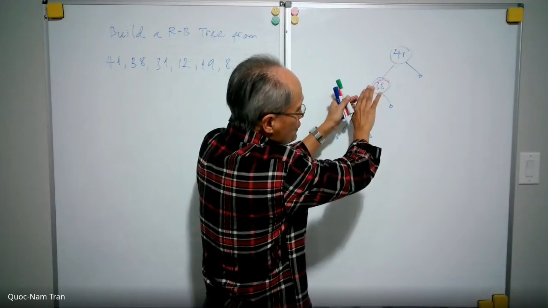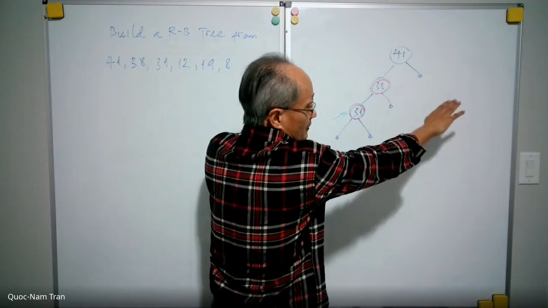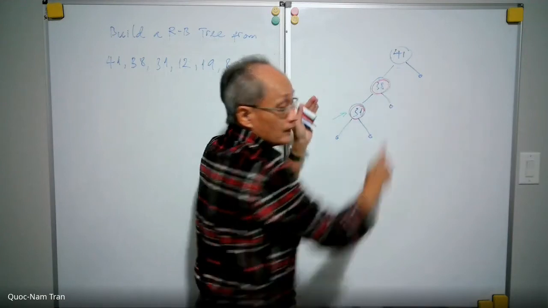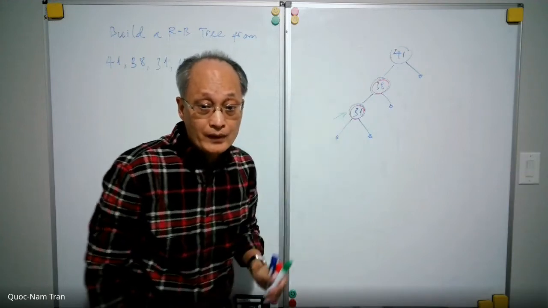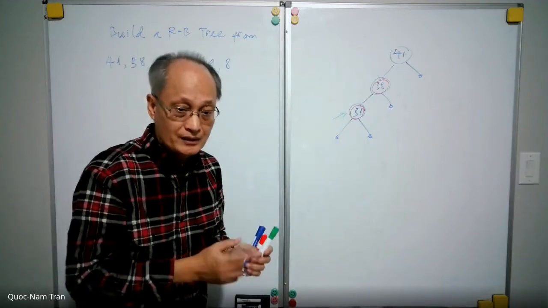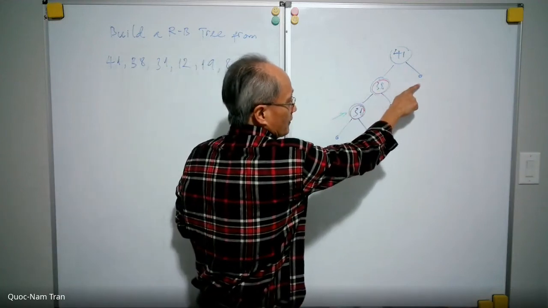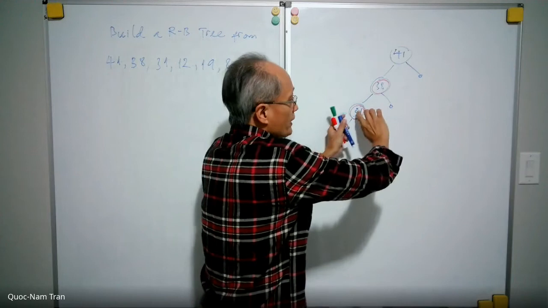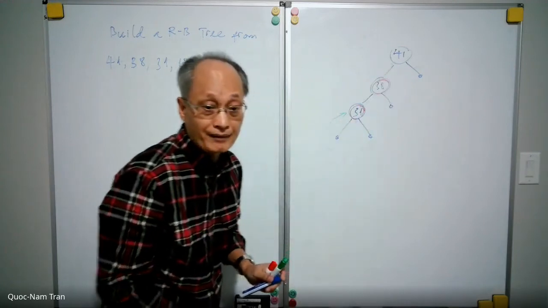We will try to spread the 2 red nodes onto 2 branches around the grandparent. Okay? So what we call this is rotation. If the color of the uncle is black, we rotate around the grandparent.